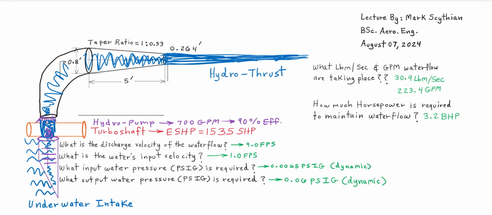So, of course, we're going to just use the taper ratio to find out what the jet nozzle diameter is. So that's just 0.8 feet intake diameter, tapering down to 0.264 feet diameter jet nozzle.